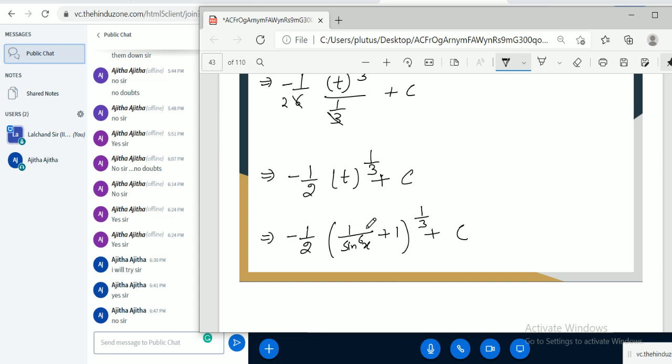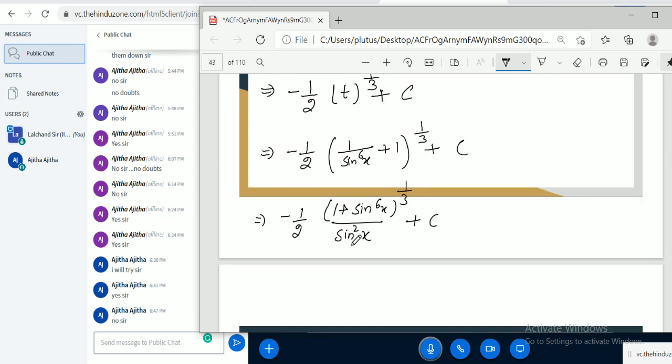If we take LCM, then we have minus 1 by 2 (1 plus sin 6x divided by sin 6x) to the power 1 by 3 plus c. Here we cancel the power 6 with 1 by 3.